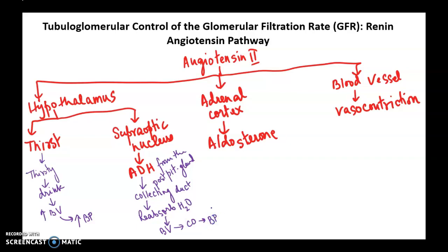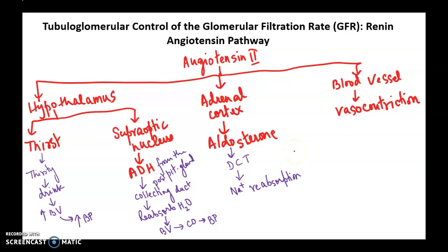All right. The angiotensin 2 will also work on the adrenal cortex and will cause the adrenal cortex to release the hormone called aldosterone. Aldosterone will work on the distal convoluted tubule, and under the influence of aldosterone, sodium will be reabsorbed from the distal convoluted tubule, sodium reabsorption.